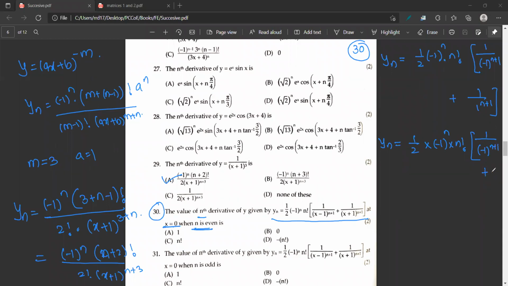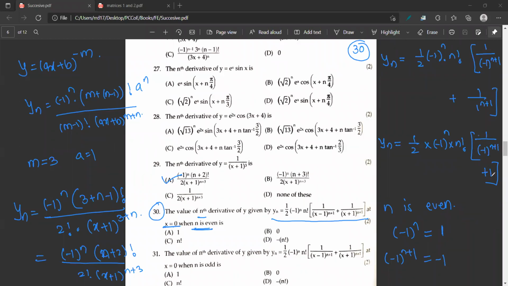And this is just plus 1. But now our n is what? Here it is given that n is even. So if n is even, what is (-1)^n? Just 1. And (-1)^(n+1) is going to be equal to -1. So this value will be -1.